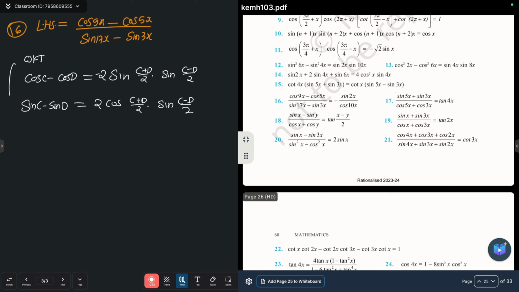So after applying this, what is now the LHS? Upside we are applying cos C minus cos D. So 2 sin, add and half, add the angles and then do half. First write like this: 9x plus 5x upon 2 into sin (9x minus 5x) upon 2, and here minus.